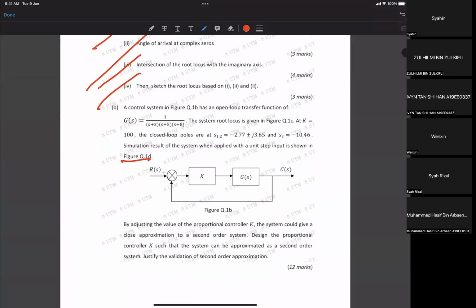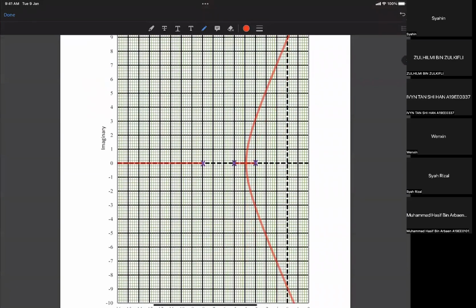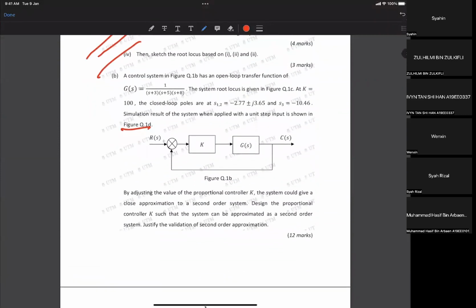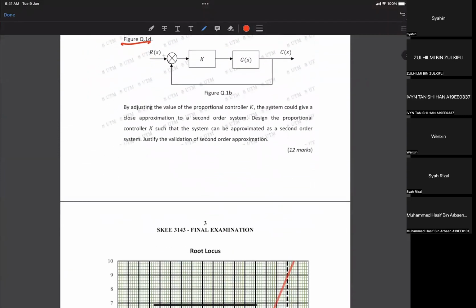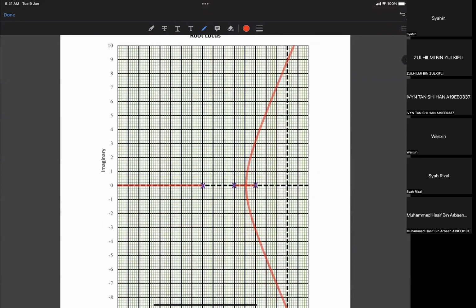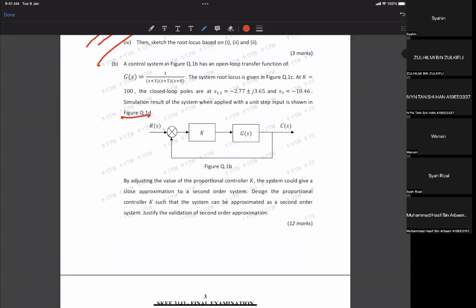Next question is Q1C. Okay, the plot is given. All root locus ended at infinity, open loop transfer function.